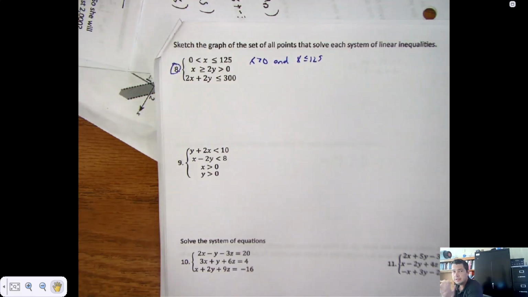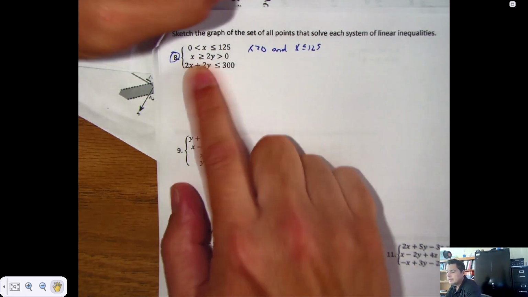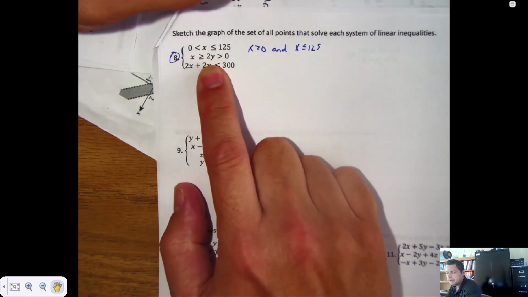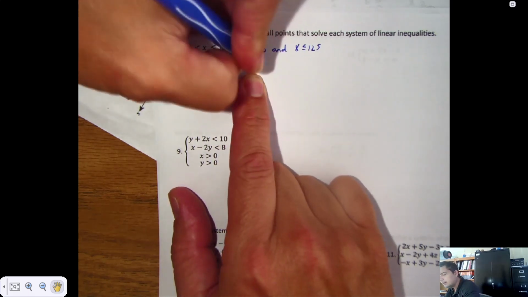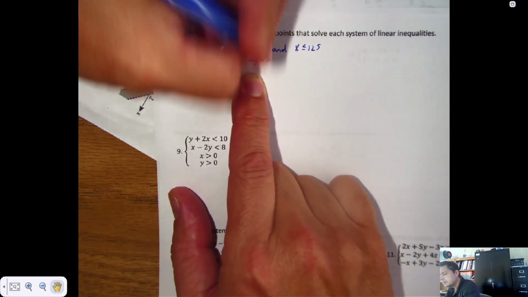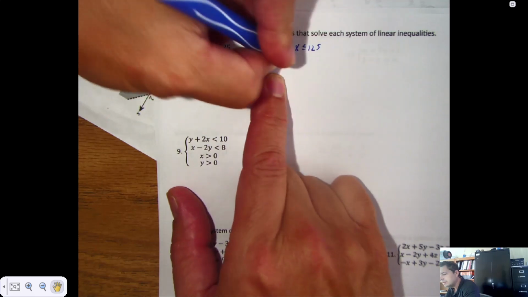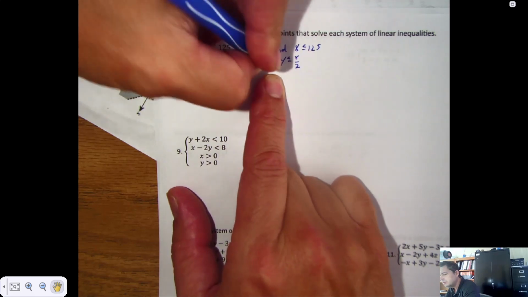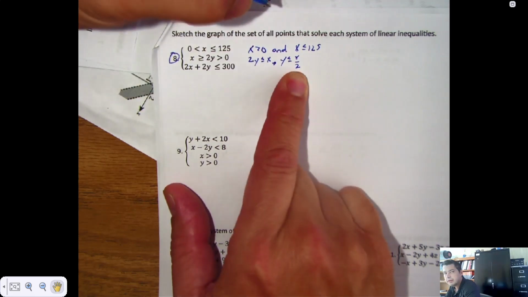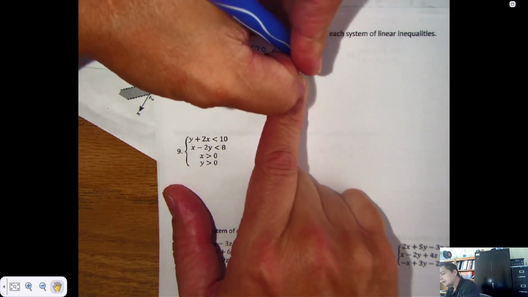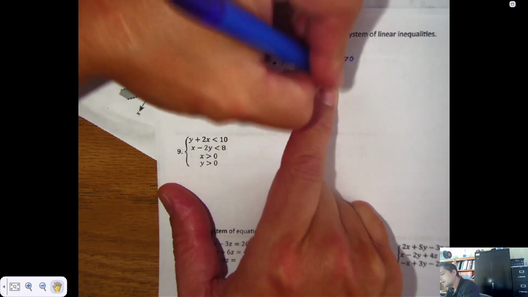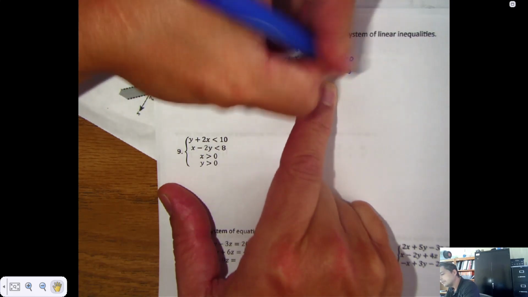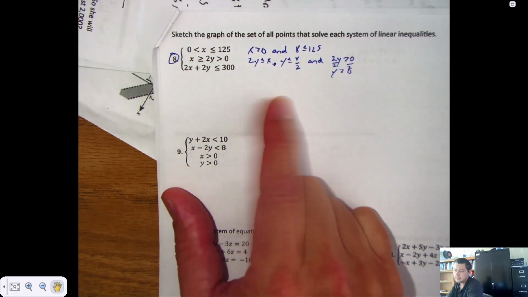Those are vertical lines. Then we've got this one, which is kind of funky. It's two separate equations. We have 2y is less than or equal to x, which becomes y is less than or equal to x over 2. That's what I have to graph. And we have 2y is greater than 0, which is y is greater than 0, because we divide out the 2. So there's lots of things going on here.